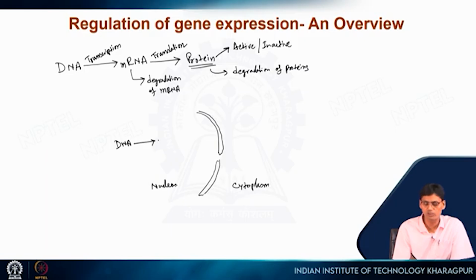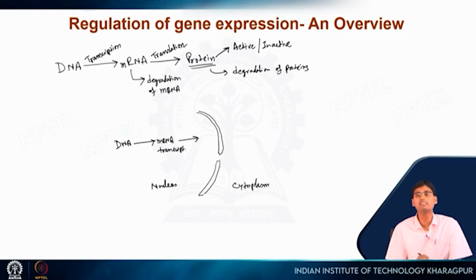DNA first goes to mRNA transcript. Then this is before processing. In eukaryotic systems, mRNA should be processed properly in order to make mature mRNA, which is the template for translation. So then after processing, we will get mRNA.